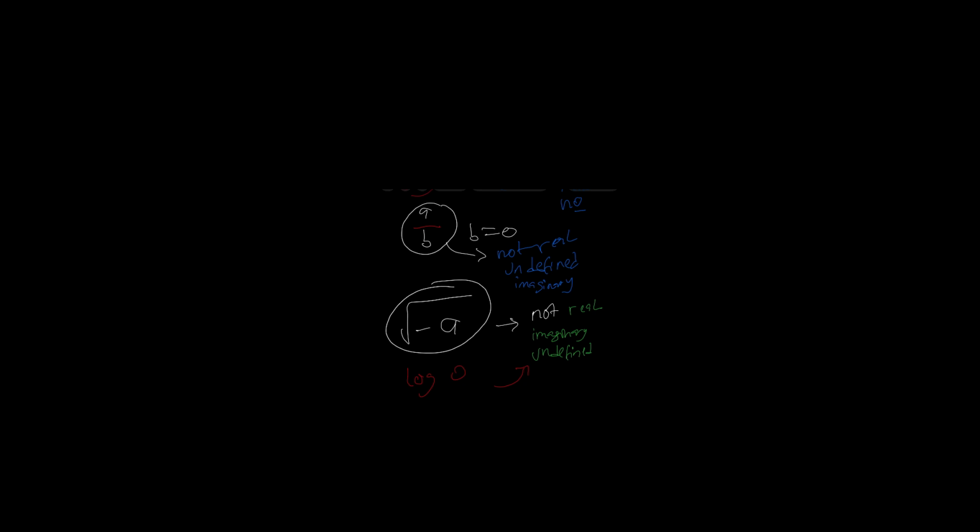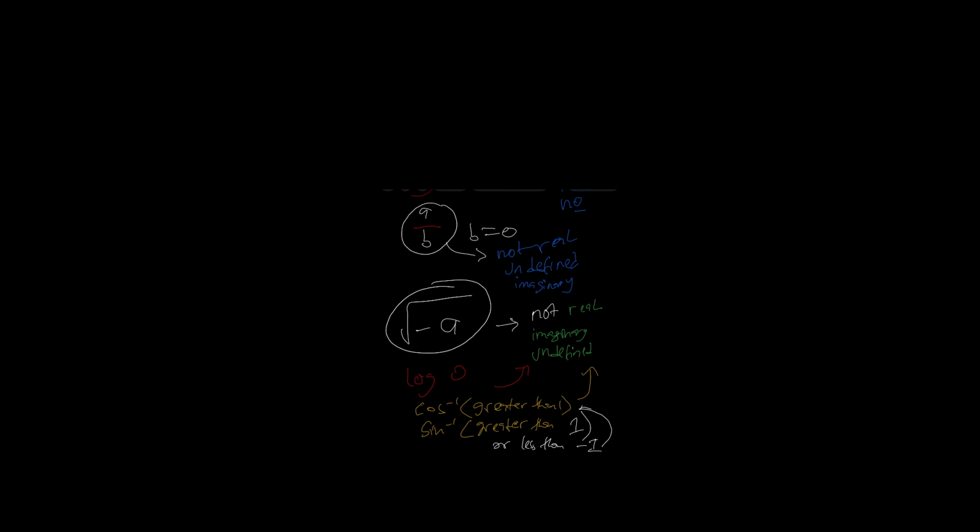And then trig ratios too, for trigonometry. When we have cos inverse of a number that is greater than 1, that also gives me an undefined number or an imaginary number, or sine inverse of a number greater than 1 or less than negative 1 for both of them.